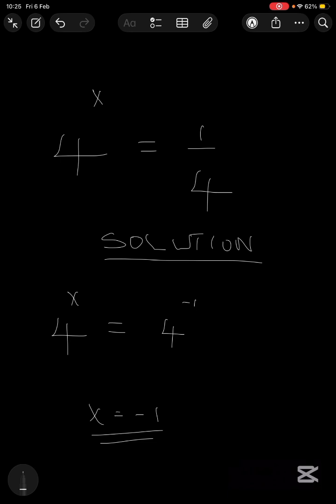Next example, example 3. We have 9 power 2x is equals to 3x minus 1. The base must be the same.